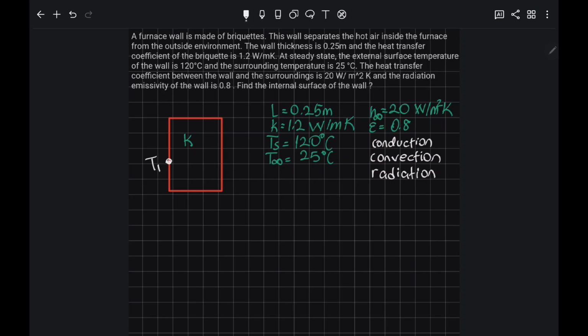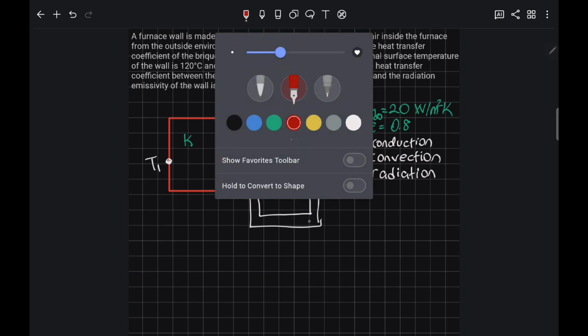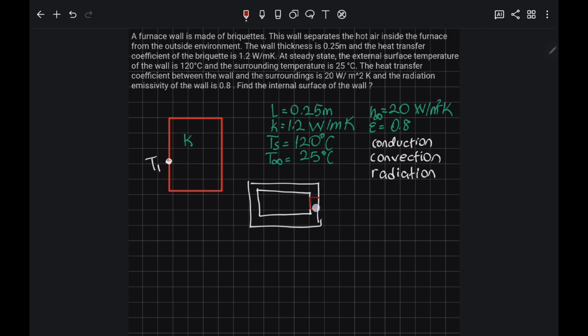By the way, if I think about the shape of the furnace wall, for example, like this, and the briquette is here, this is the surface temperature and this is the internal temperature, right?